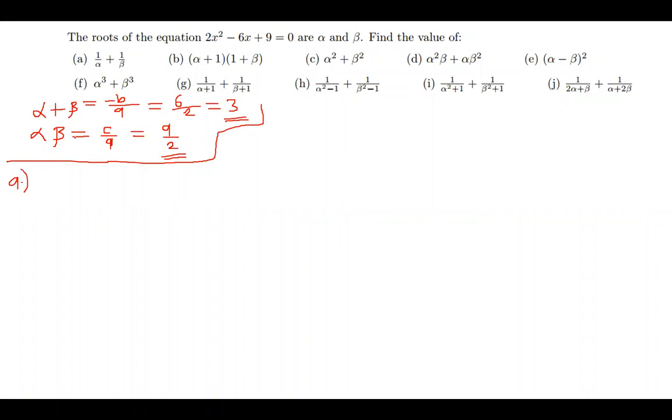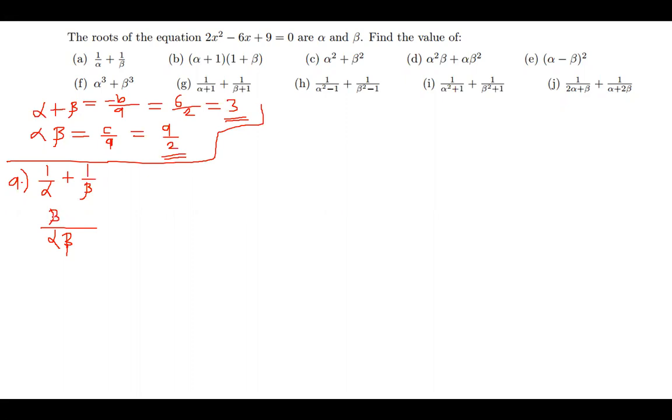Our a will now be equal to 1 over alpha plus 1 over beta. Here what you do is find the common denominator, which is going to be alpha beta. You just multiply the two denominators and you get alpha beta. Then you divide alpha into alpha beta, you get beta, beta times 1, you have your beta there.